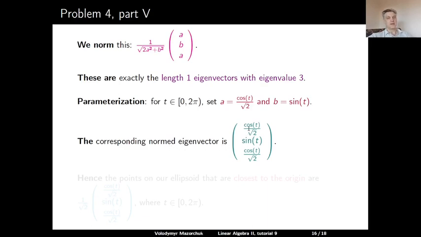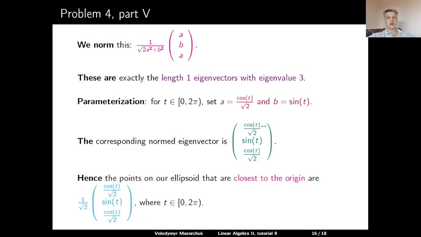We get the corresponding normed eigenvector to be (cos t divided by the square root of 2, this is a, then sine t, this is b, and then cos t divided by the square root of 2). So this is a parameterization of all normed eigenvectors for our matrix with eigenvalue 3. And so to get the points on our ellipsoid which are closest to the origin, we should multiply this vector with the minimal distance to the origin, which is 1 divided by the square root of 3.